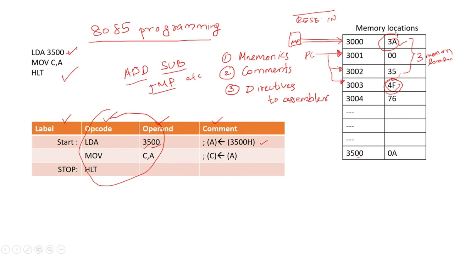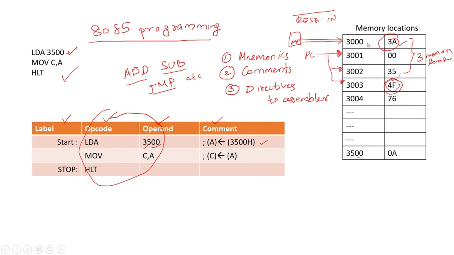So in location 3000, we need to save the opcode of that instruction. 3A is the opcode corresponding to LDA 16-bit address. Then we need to specify the 16-bit address, LSB first, then MSB. In this address, the LSB is 00, which we write in the consecutive memory location. Then we write the next higher order address, that is 35.